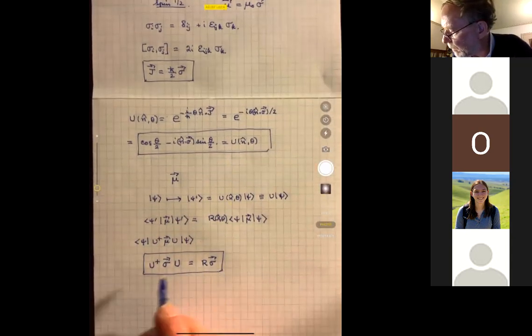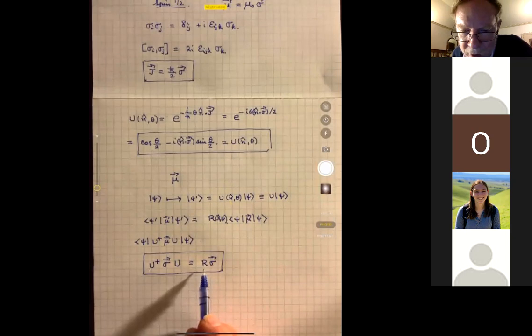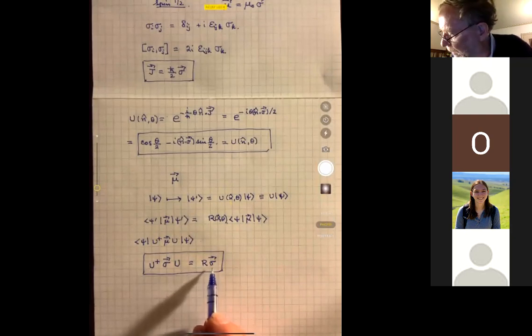Now, if this formula is not completely obvious, let me explain it. Sigma is a vector of operators. The operators act in the Hilbert space. So does the U. Capital R is not a Hilbert space operator. It's just a 3x3 matrix. But the sigmas, again, are a vector of operators in the Hilbert space.